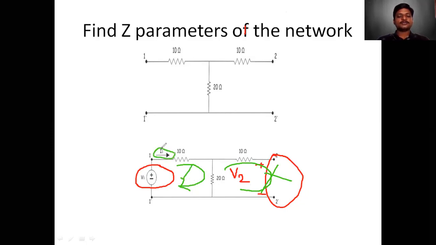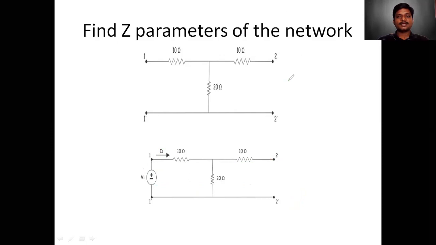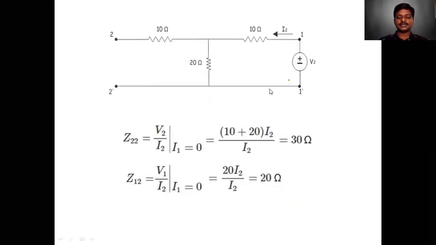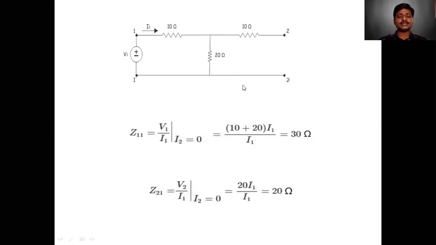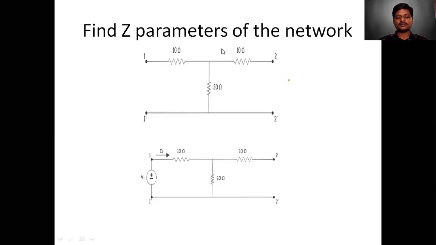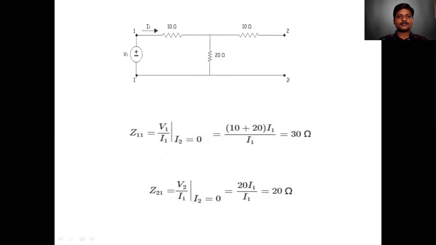Okay. So here what you have to do is apply KVL. I will show you how to apply. Here you can see the output port is open circuited, so there is no possibility of current flowing through the output port. The only possibility of flowing current is through this path. So I1 is flowing through this path.